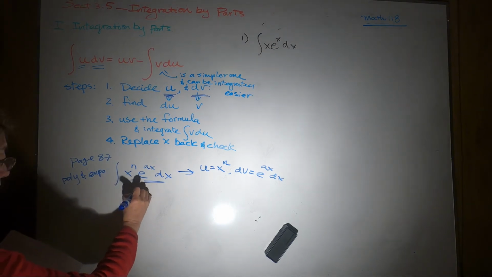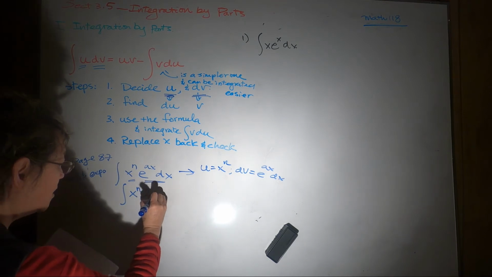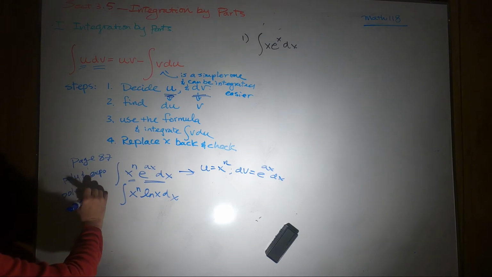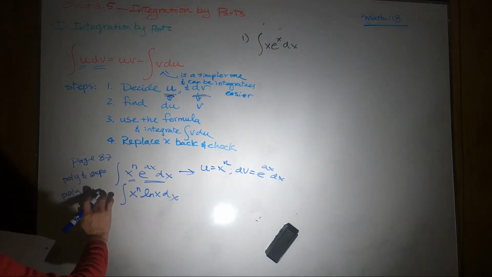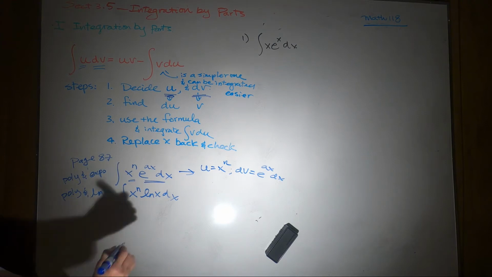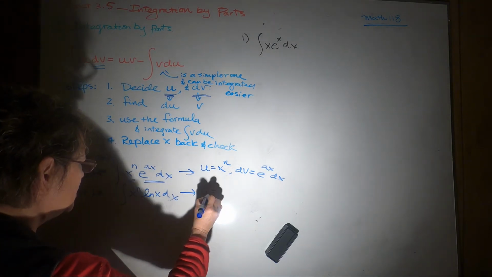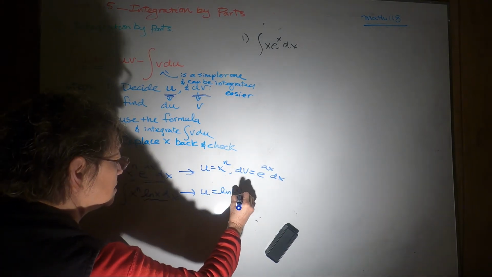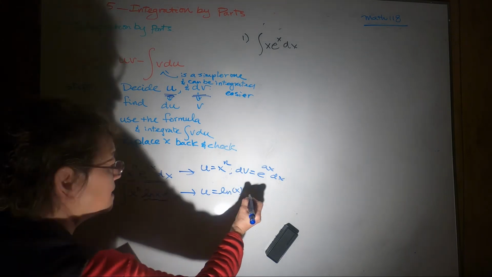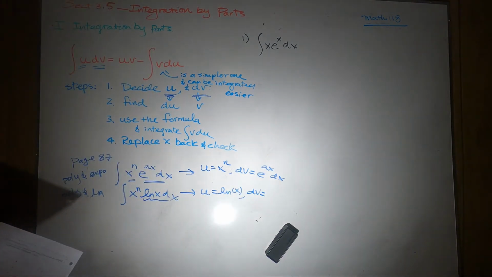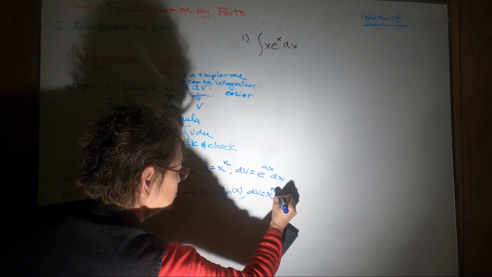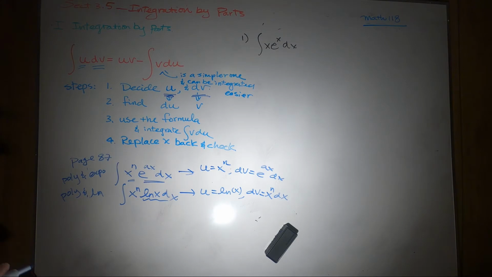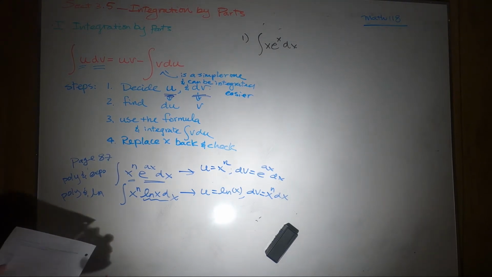So if I have x to the n and a log, if I have a polynomial and a natural log function, we will use u as the log part, okay, then dv will be your polynomial part. That's a rule of thumb, okay, in general.